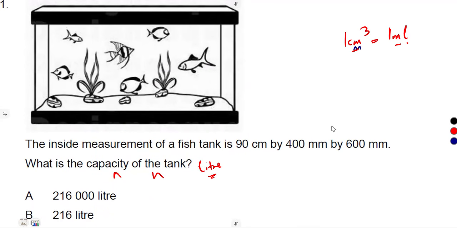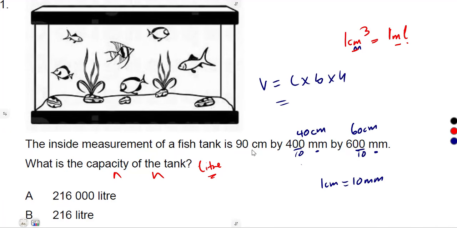Cubic centimeters. All right, millimeters, divide by what? By 10. Remember, 1 centimeter is what? 10 millimeters. So that was going to be 40 centimeters. Divide by 10, 60 centimeters. So our volume, as we consider a rectangular prism, length times breadth times what?